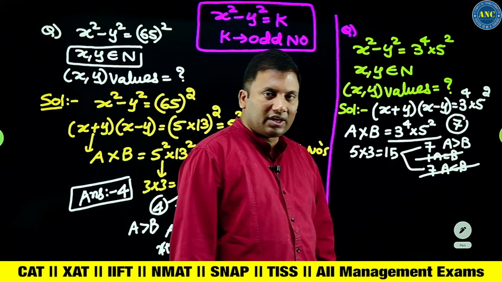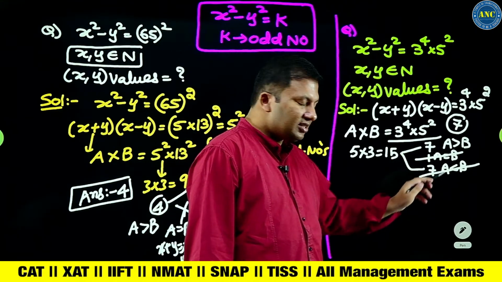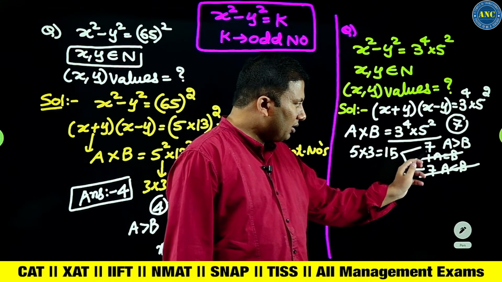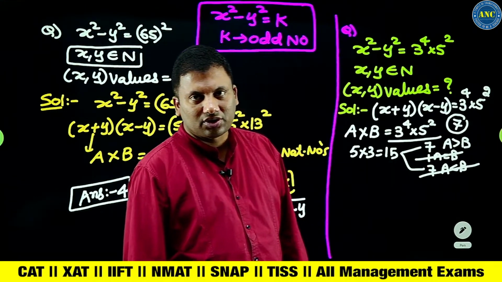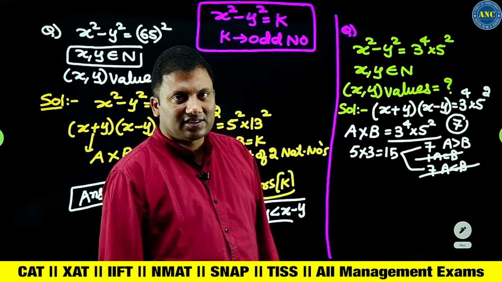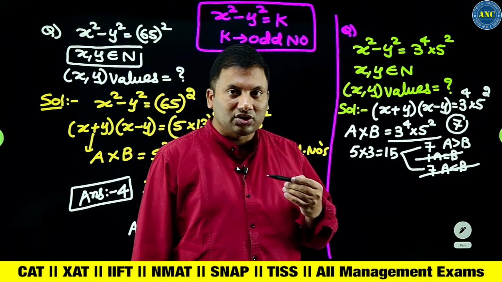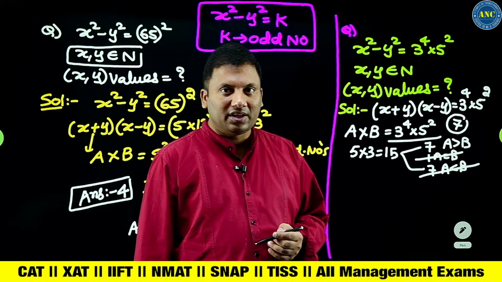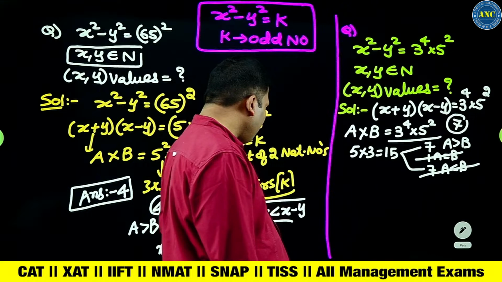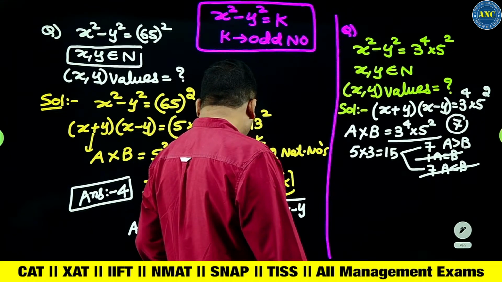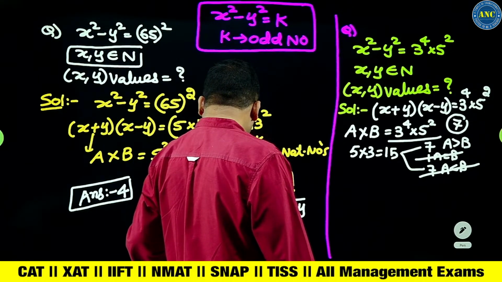One case A equivalent to B, 7 cases A less than B. These two are eliminated. So the answer is 7 cases, because the sum of two natural numbers will always be greater than their difference.